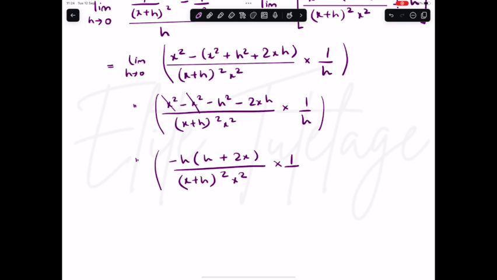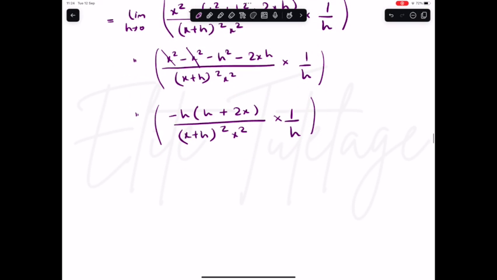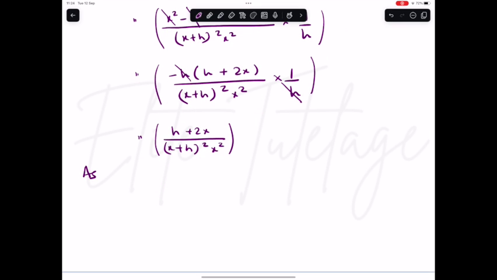So h and h cancel, and that leaves me with h plus 2x, or rather, I need to have this further simplified as when h is now 0, f dash x is going to be 2x. Sorry guys, there has to be a negative sign there. So minus 2x over x squared times x squared, which leaves me with minus 2 over x cubed.